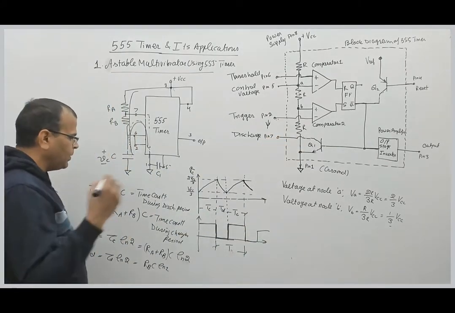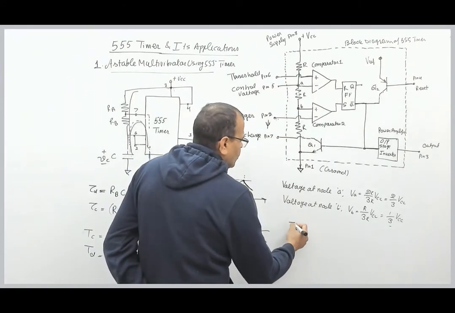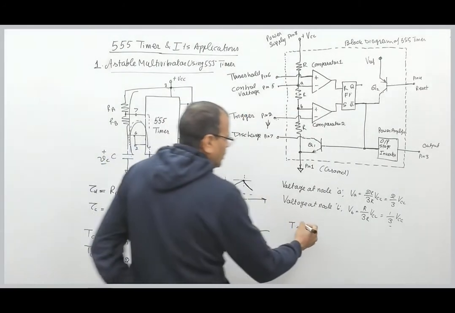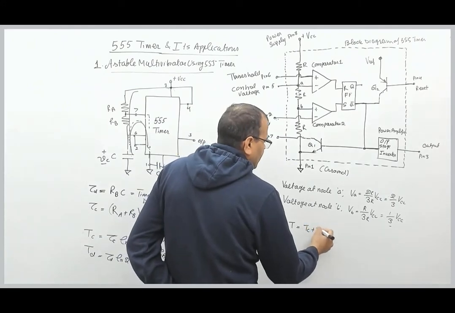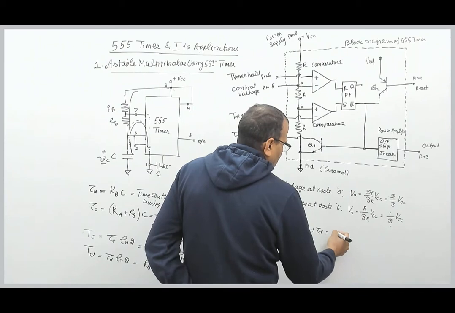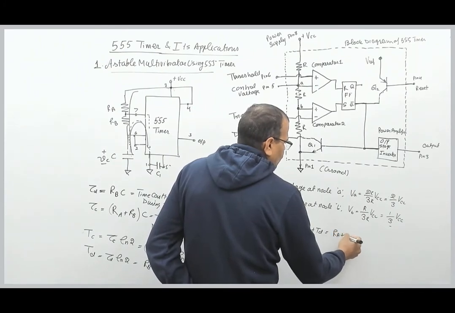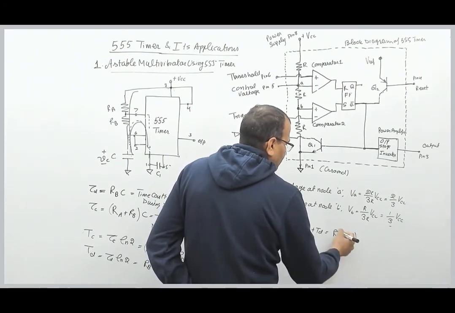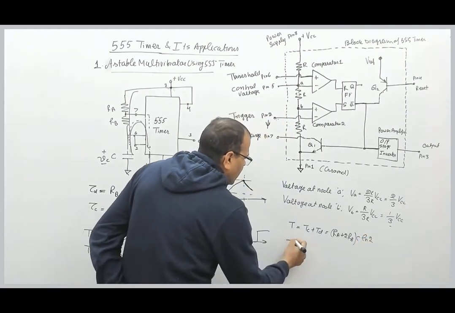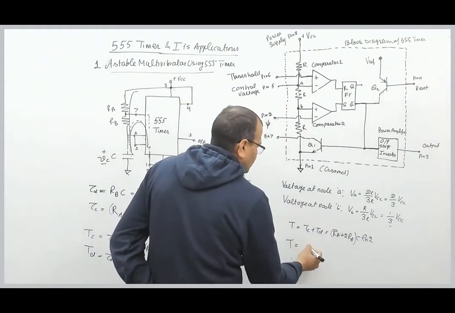Now the total period is nothing but the charging period plus the discharging period. So that is equal to (RA plus 2RB) into C into natural log of 2, and that natural log of 2 is 0.69.